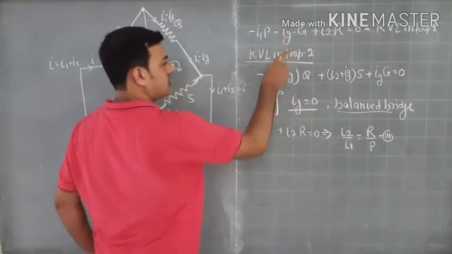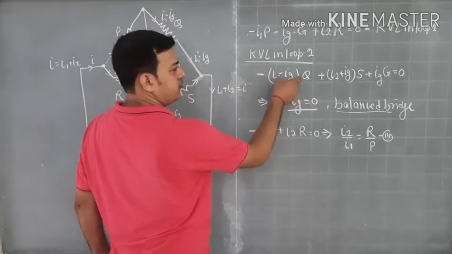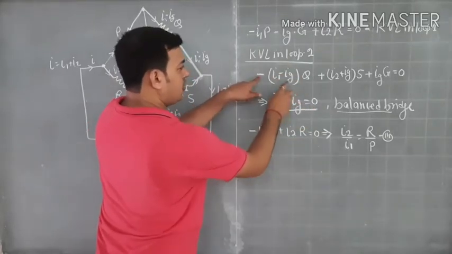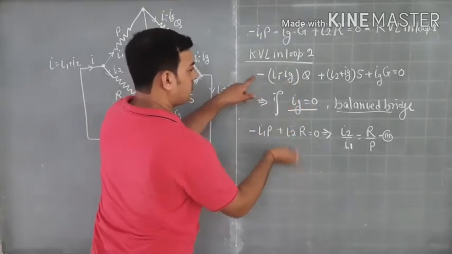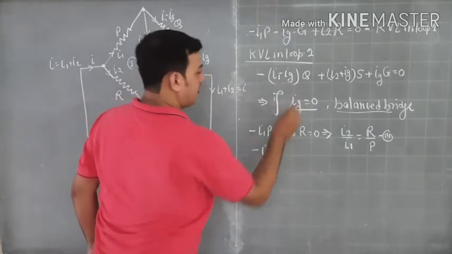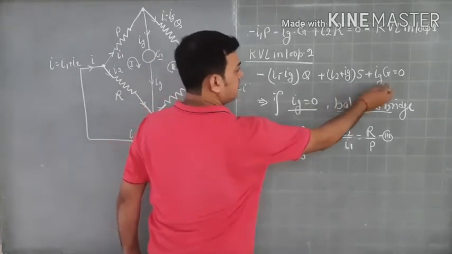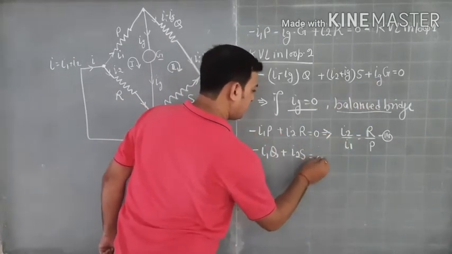This one was first, this one is second. Now once again I will apply this in the second equation, in loop 2. So your Ig is 0. This term will become minus I1Q plus, since Ig is 0, I2S, and this term will also be 0, and that is equal to 0.